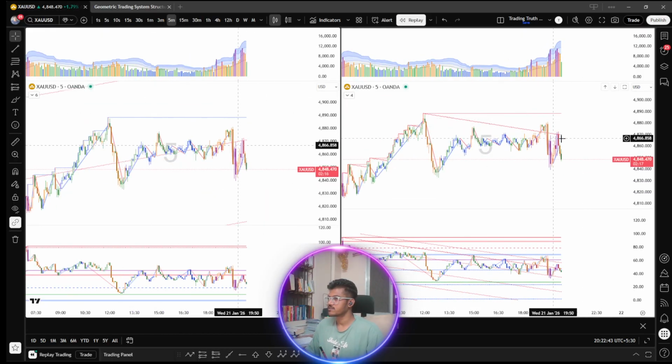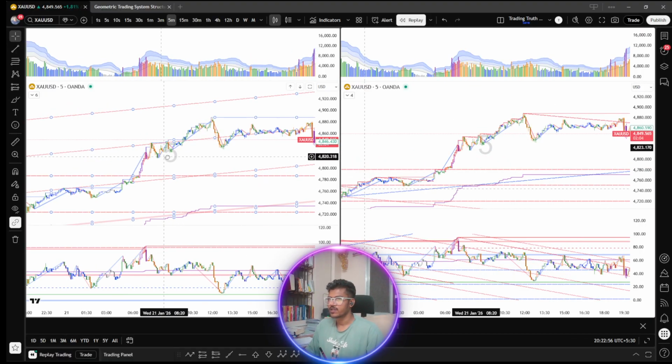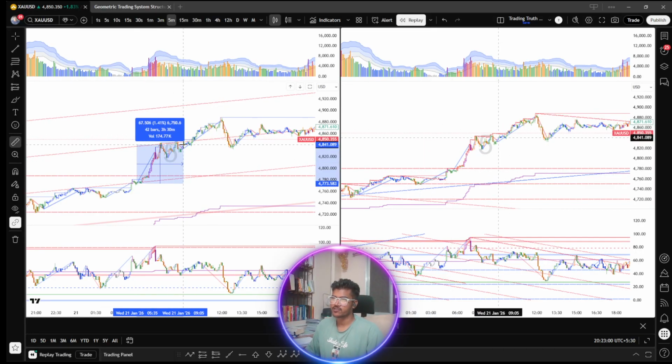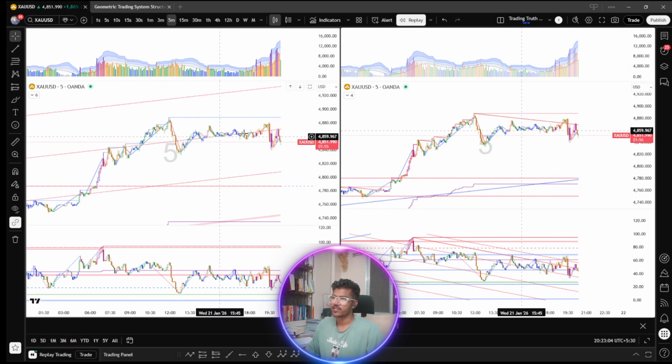So this resistance got hit here, it was coming on this trend line, so it's probably going to come around when this trend line goes up. Watch for this trend line to take support. See, it took support from there and then went to the next trend line. It tried to go to the next one but couldn't, so it's accumulating.